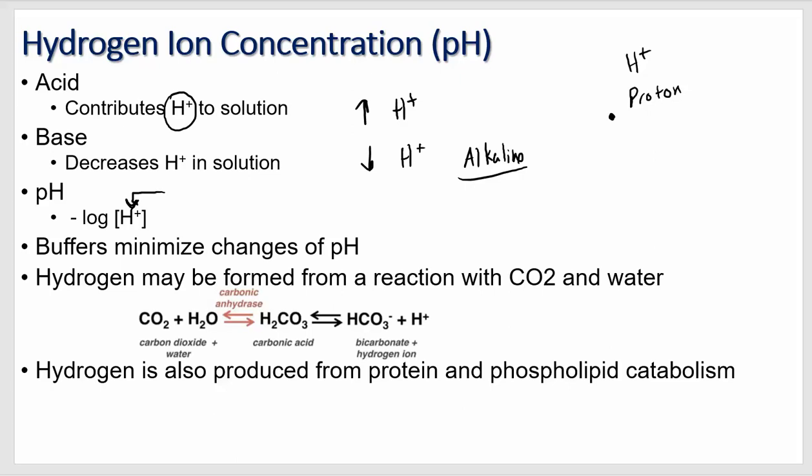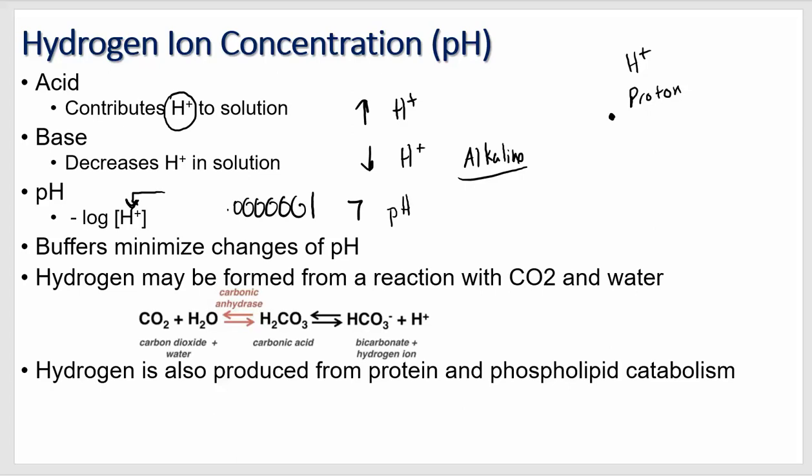So logarithms deal with small numbers, and when we use a logarithm to give the value of the pH, that means that even though something is 0.000001, we can just say it's 6, or 7. Okay, that's how we end up with this negative logarithm to give value to our hydrogen ion concentration. It gives us a number for the concentration, but it's called pH, and it's a little easier to read.